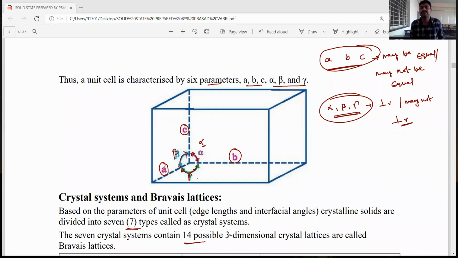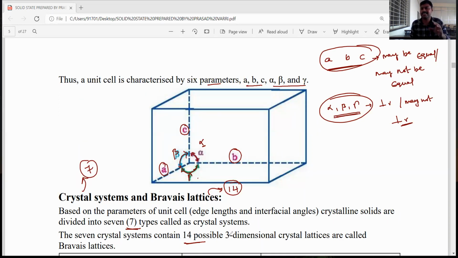Those are called Bravais lattices. How many are present, dear students? 14 are present.